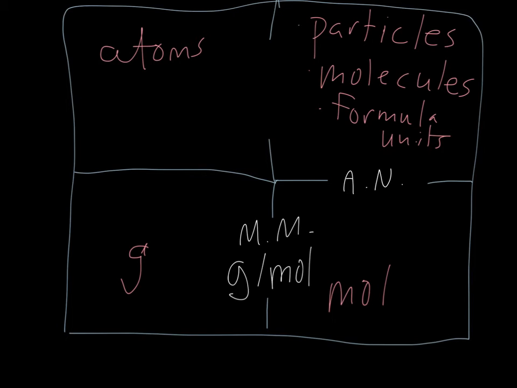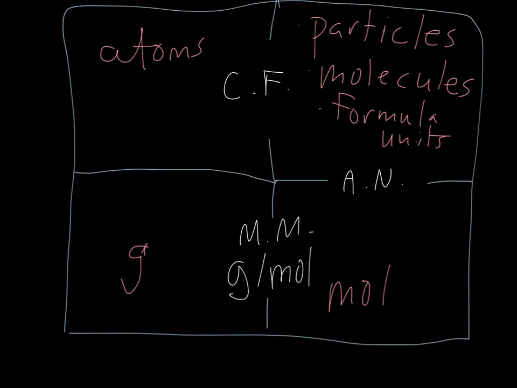Now, we can also go from the formula units, molecules, particles area into atoms to figure out how many individual atoms we have. We just have to make sure we use the correct formula.